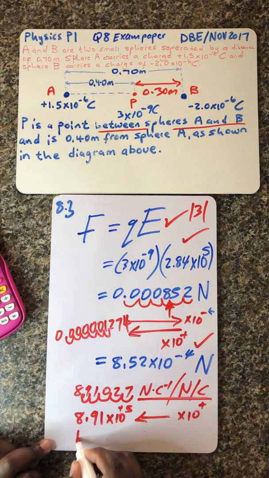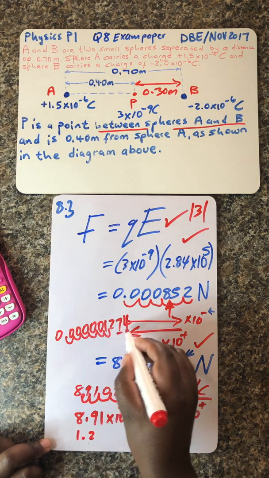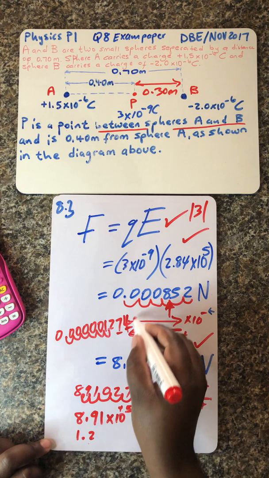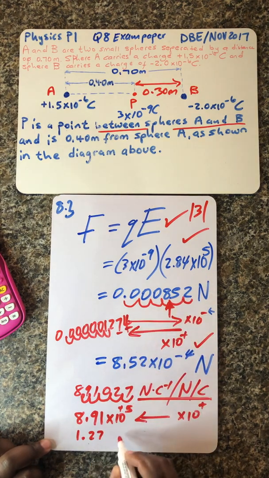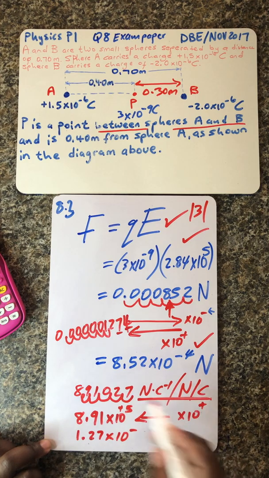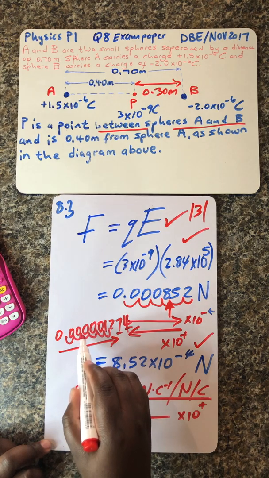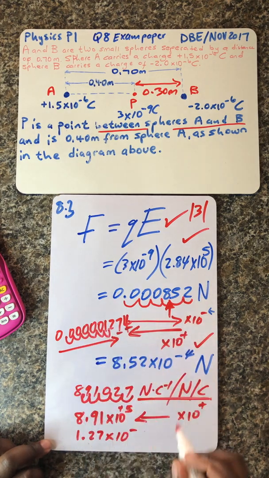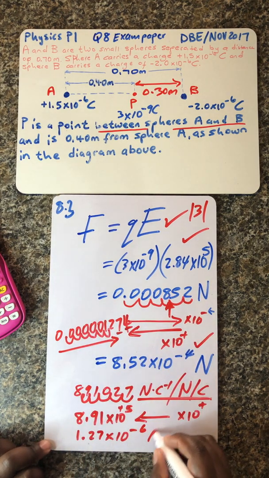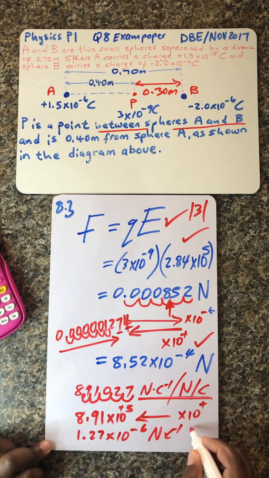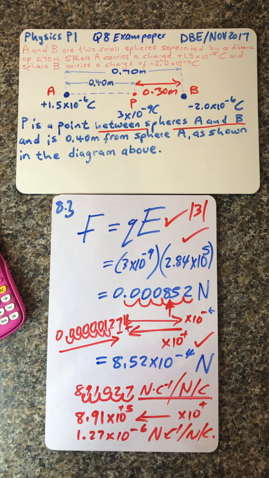Then it's going to be 1, 2. Obviously it's 7. You can't round it to be 8. Then it's times 10 to the exponent negative number, because you're counting from left to right. How many times? 1, 2, 3, 4, 5, 6. Then it becomes negative 6. Then the unit, whatever unit it is, you give it that particular unit. It obviously will be dependent on the question that you'll be solving.